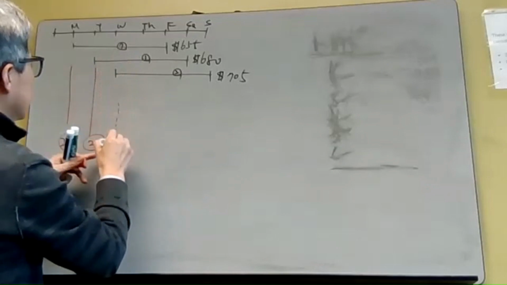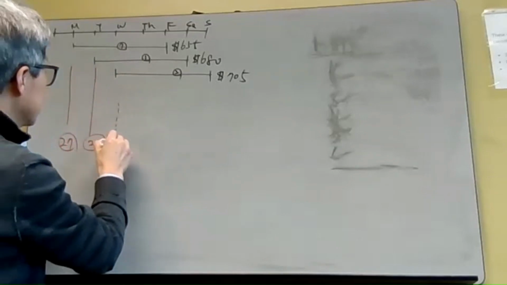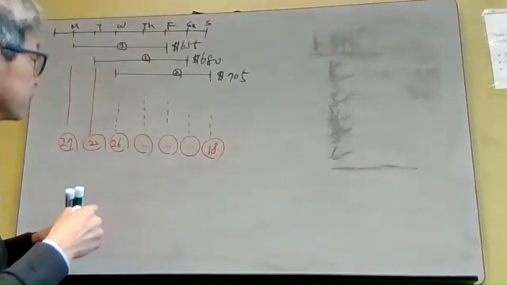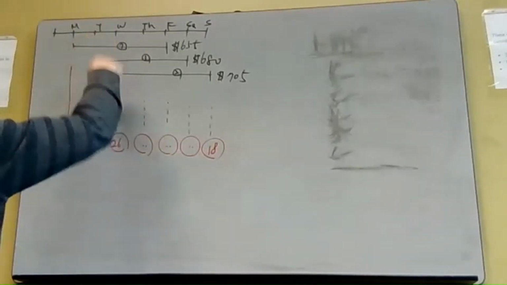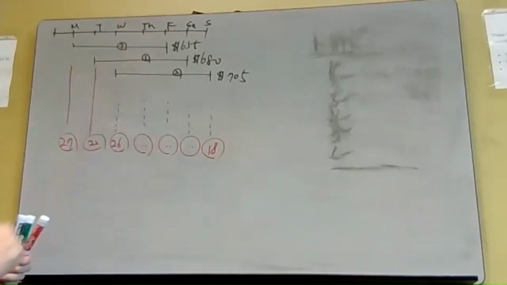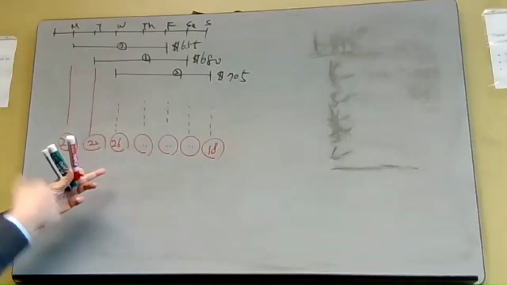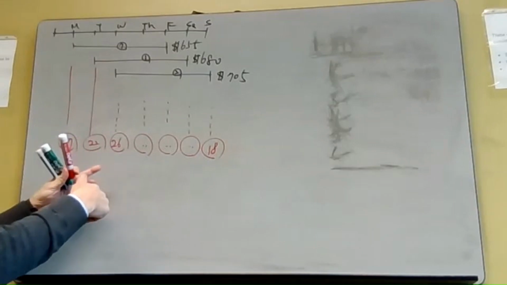Wednesday, 26. Finally, Sunday, you need 18. Okay. So now you sum these, it should be 26 on Wednesday. Are you following this? Yes, we're following it, Professor.